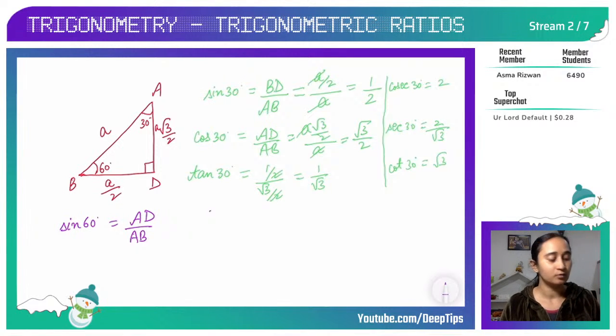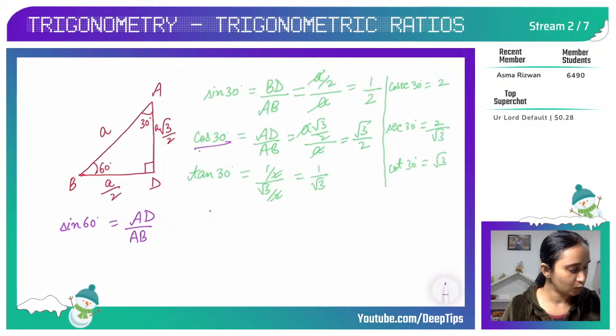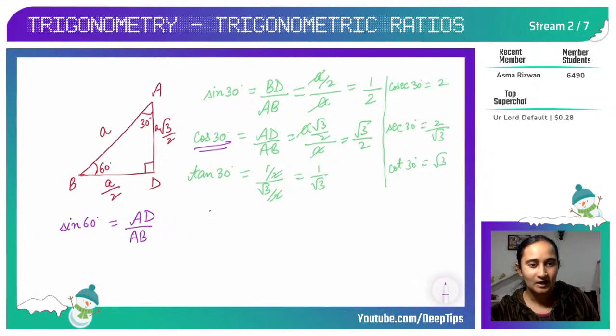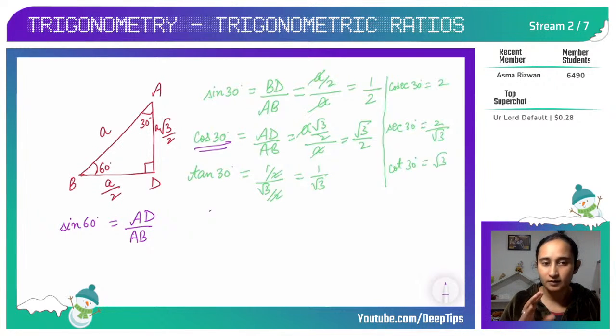But I want you to just observe here that when I found cos 30, it was AD upon AB. And what is the complementary of 30 degree? That is 60, correct? So Aryabhatta told sine as ardhajaya and cosine as kotijaya, right? So when I told you, in English sine and cosine are complementary, so cos 30 degree is complementary of sine 60.